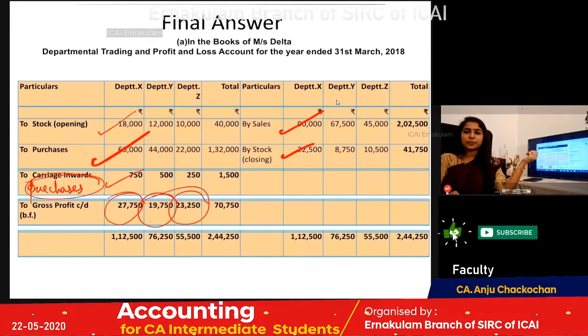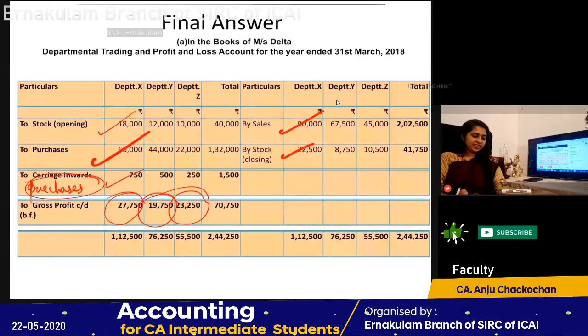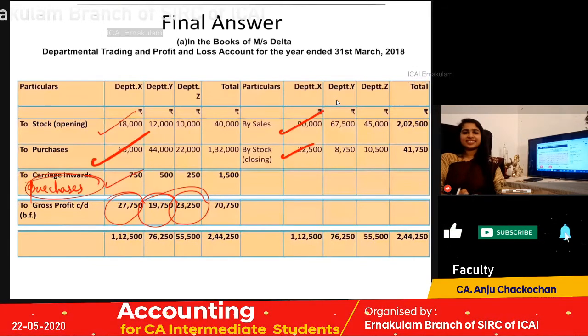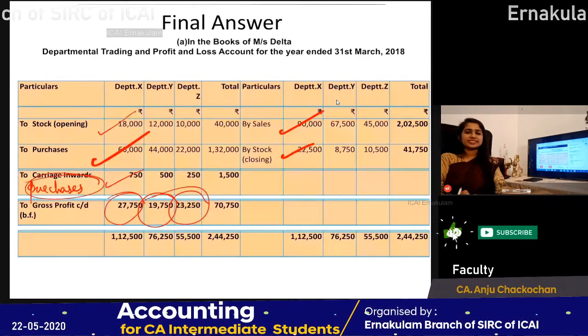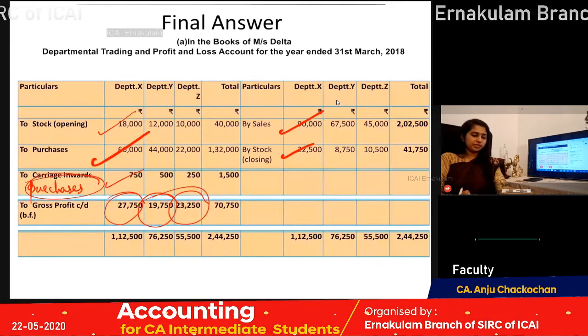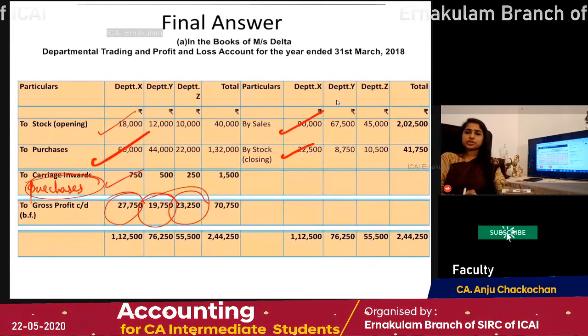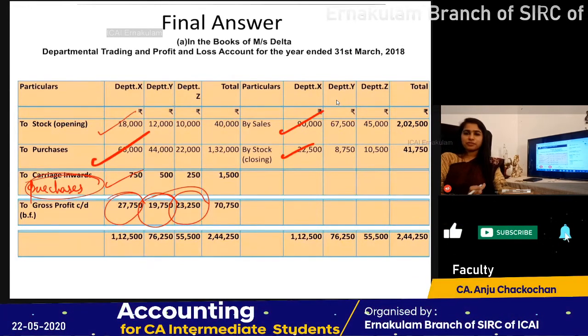Make it fast. The computation of net profit, for which you will have to prepare the departmental profit and loss account.